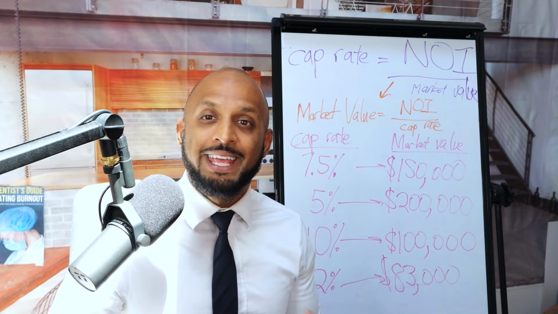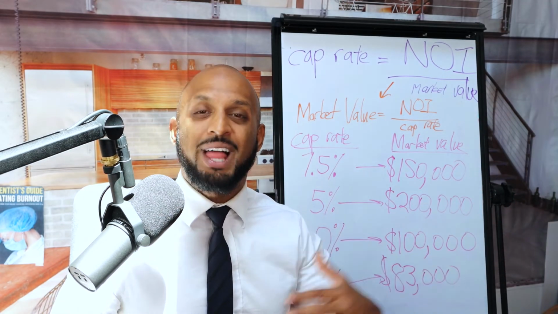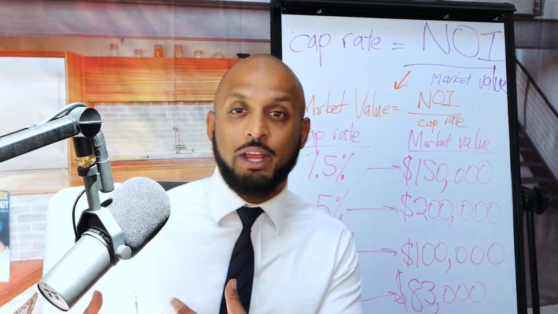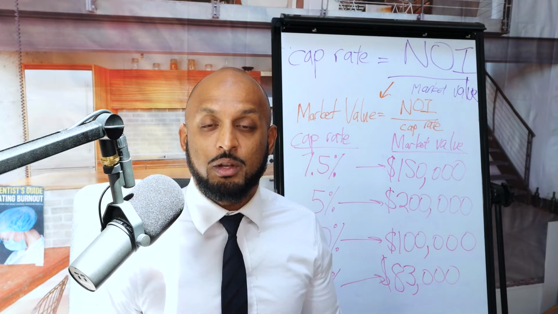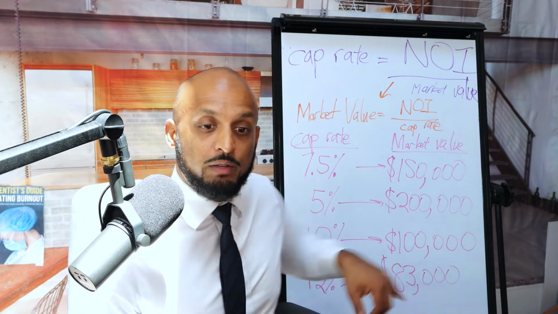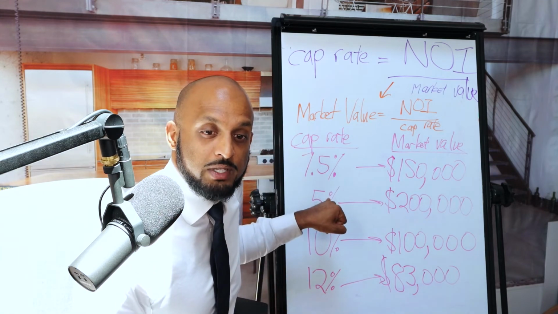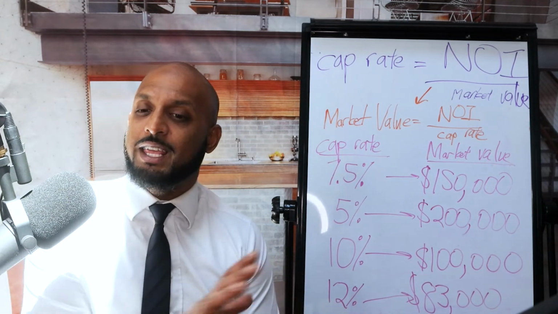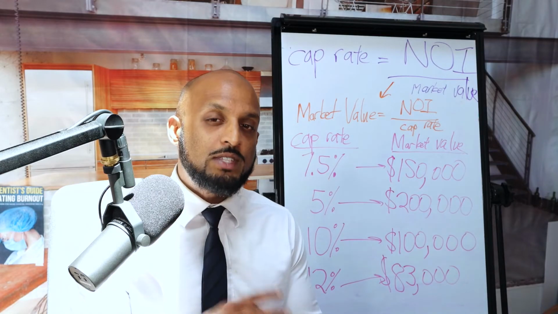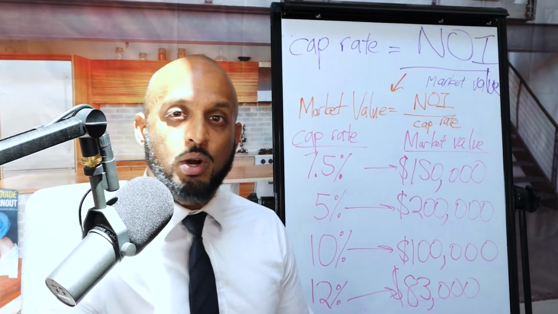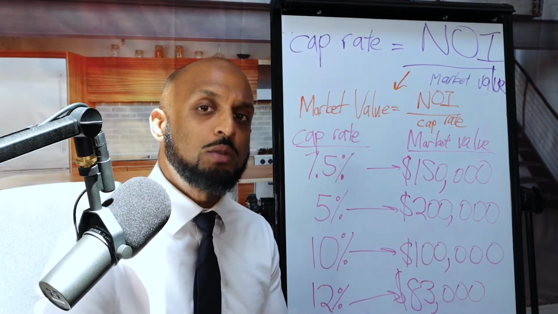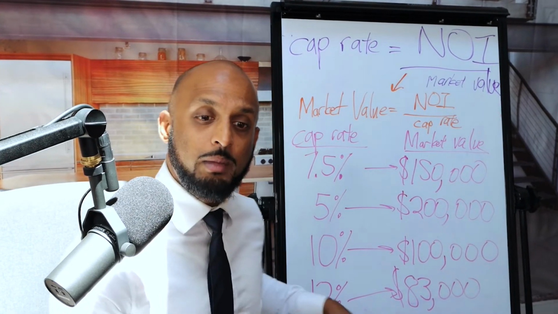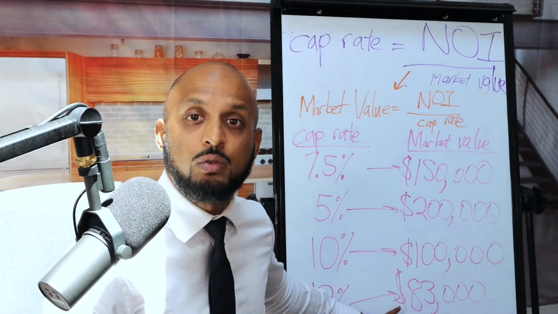On the other hand, investments with high cap rates imply higher risk. If an investor is willing to take on higher risk, they should get a higher rate of return on their money. So for a property with a cap rate of 12% versus a cap rate of 5%, somebody is willing to pay $83,000 for a riskier investment. These are different asset classes. If somebody was investing in an amusement park, they would expect their rate of return to be higher because they're taking on more risk. They might be willing to pay only $83,000 for $10,000 of net income because it's a riskier investment.